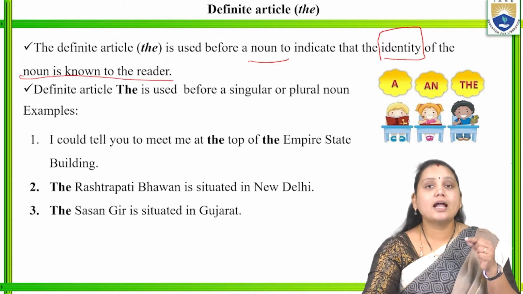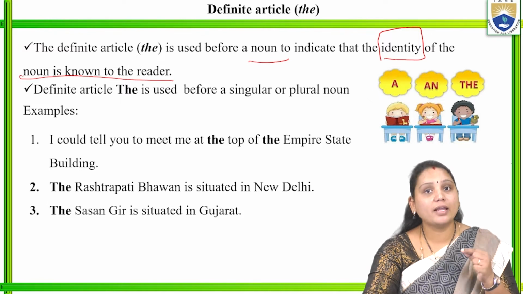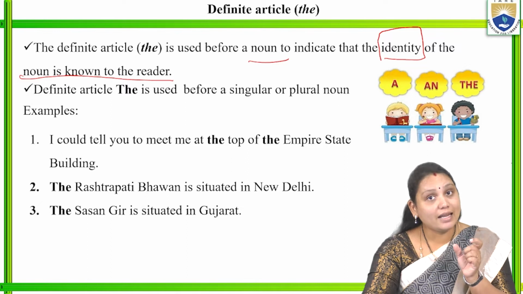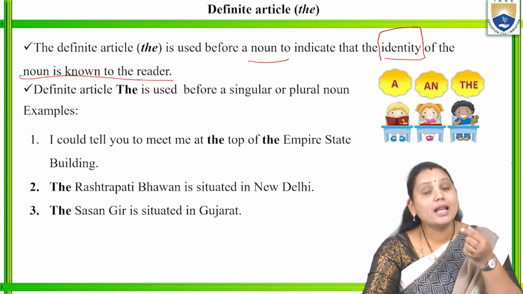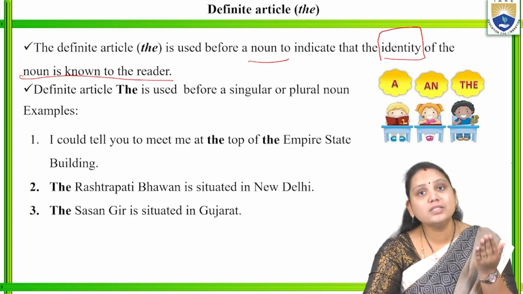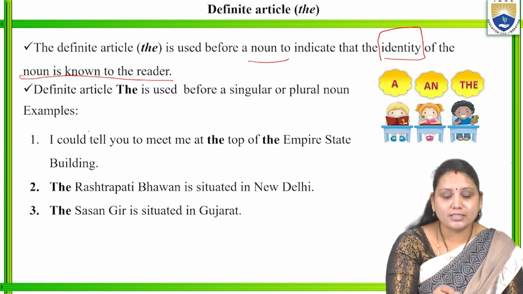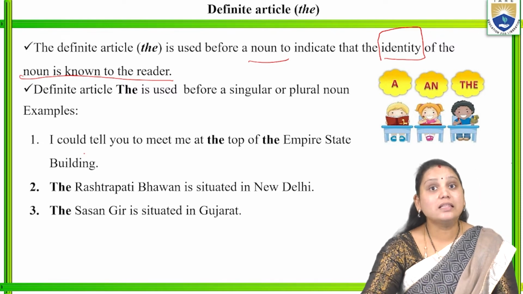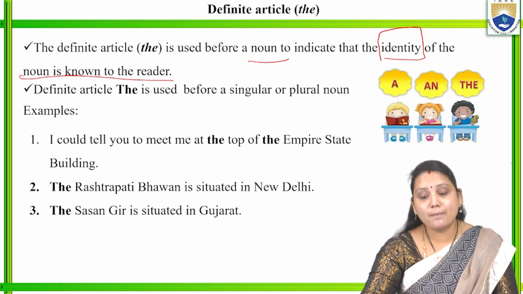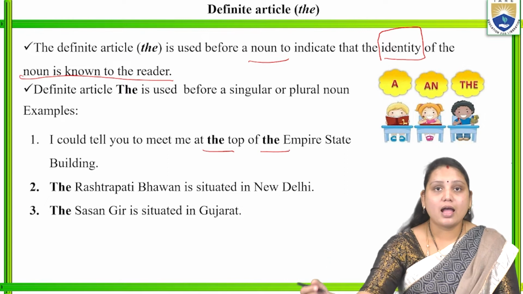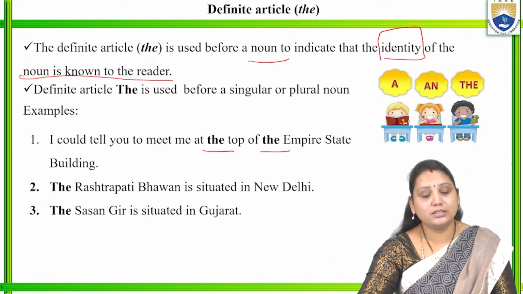So, when we want to show the particular, specific position of that noun, we are going to use the. For example, I could tell you to meet me at the top of the Empire State Building. Just have a look at the position of the.